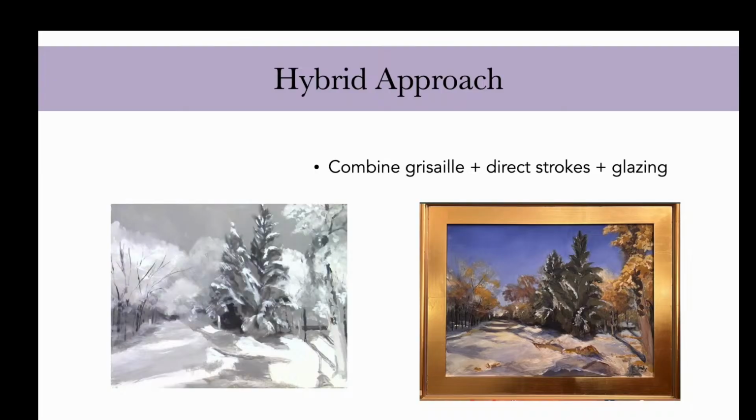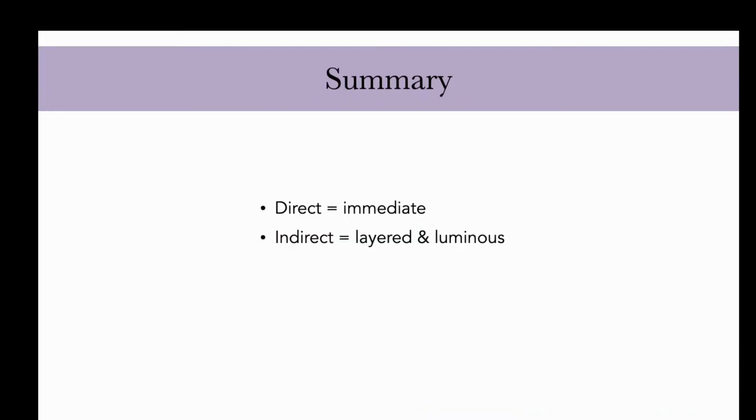Begin with a structured underpainting for value accuracy, paint passages directly for life and texture, then glaze selectively for depth. Bottom line, direct painting emphasizes immediacy and expressive mark-making. Indirect painting emphasizes structure, depth, and refinement. Know both so you can choose the right tool set for your intent and combine them when it serves the picture.